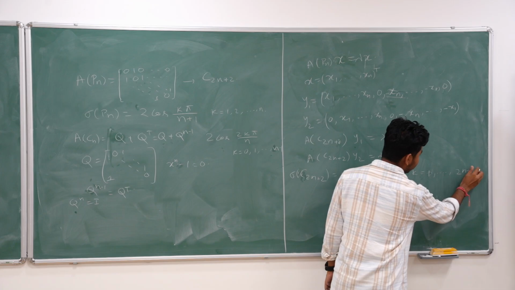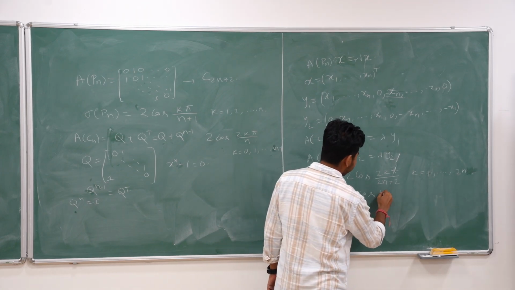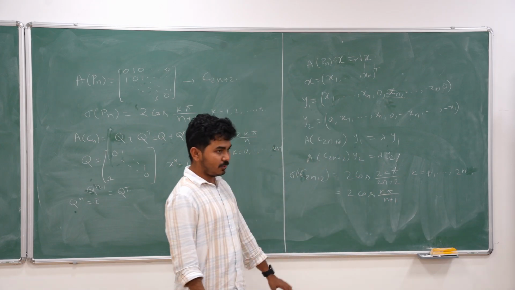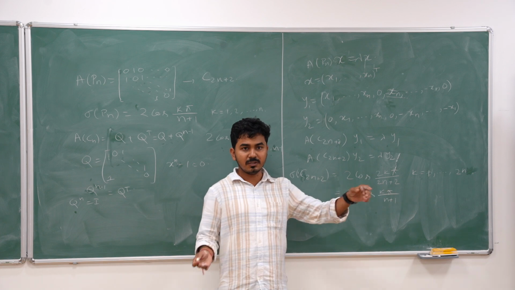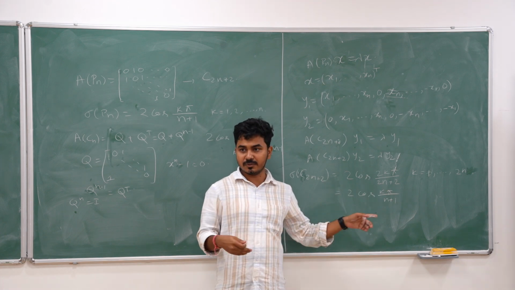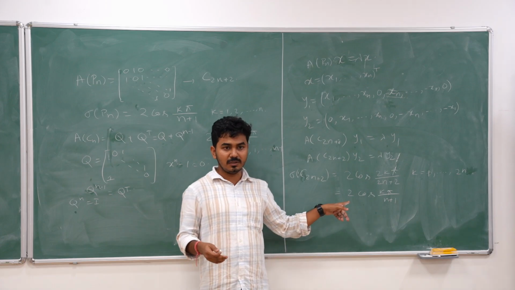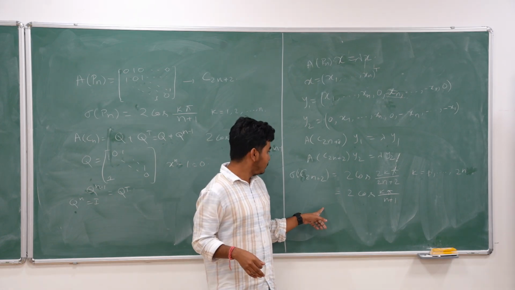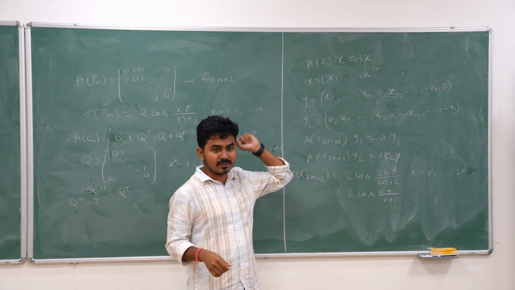We can start with 1 to 2n. Up to n, if you take n plus 1, then n plus 2, the cosines will again come with the same values. So these are the eigenvalues for the path.